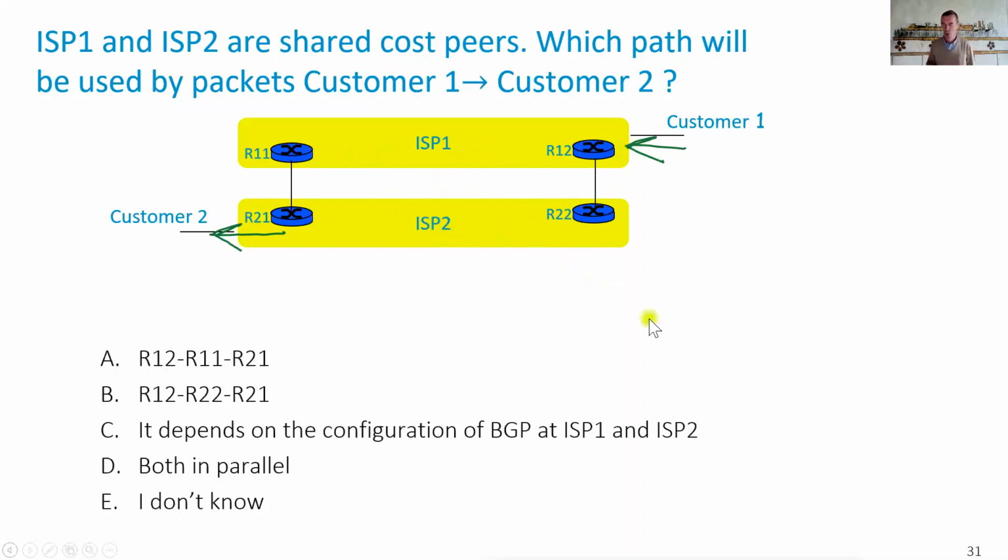So now let's look at it from a more macroscopic viewpoint and say, I have two ISPs that are connected in multiple points, and I have traffic that goes from one customer of the first ISP to another customer of the other ISP, and they are located as shown on the figure. Which way do you think the traffic will go? I'm proposing several answers.